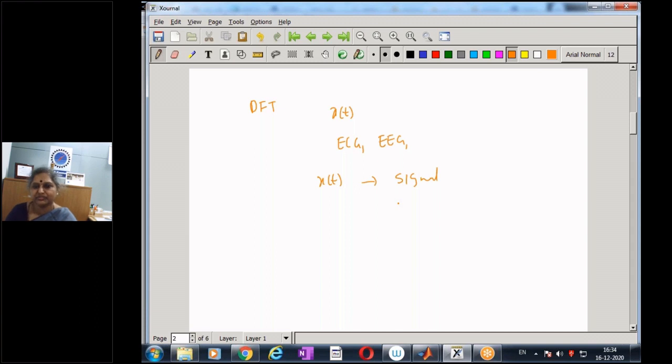I can remove certain frequency components if I do not desire. Although what is of use and benefit to us is only the time domain signal x of t, we need to move into the frequency domain to appreciate the content present, and then we can process it and get a better signal because we understand the signal better in the frequency domain.